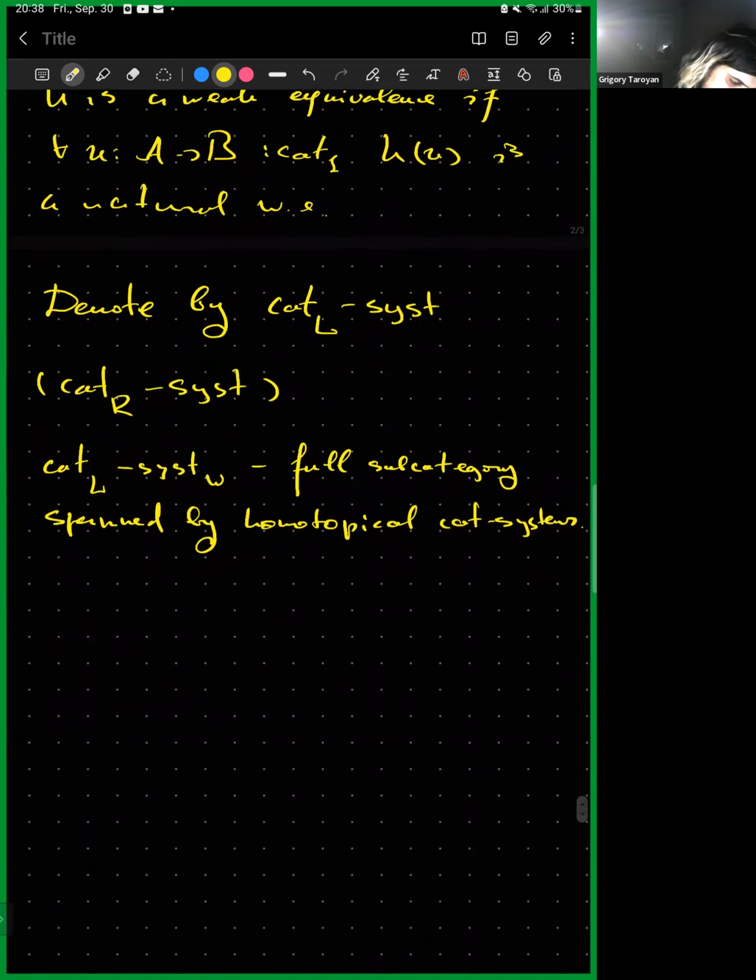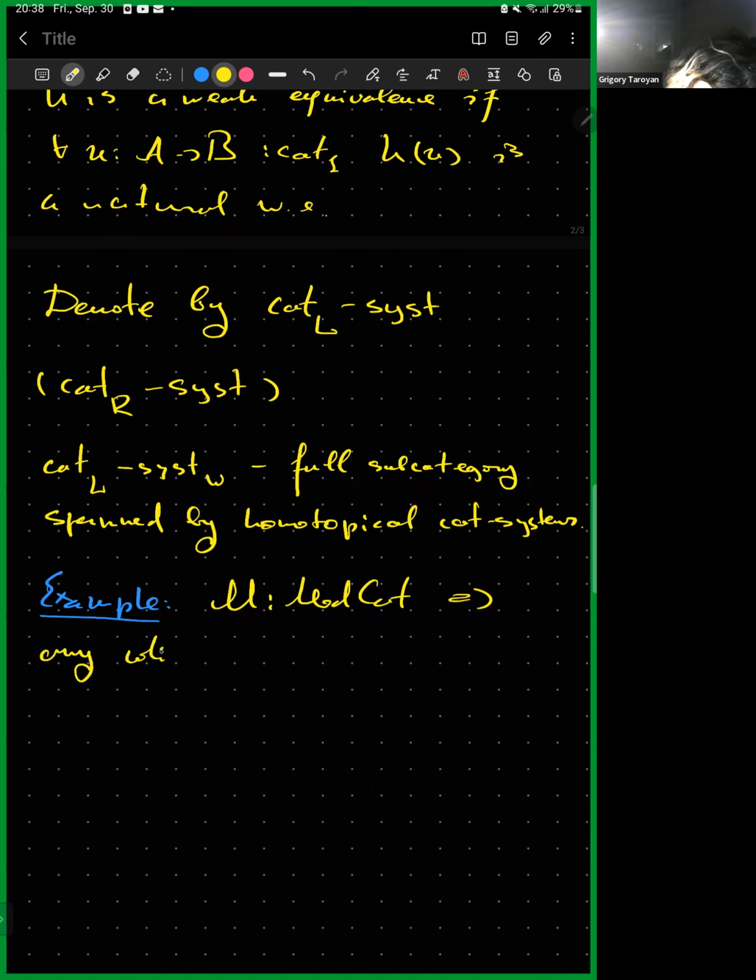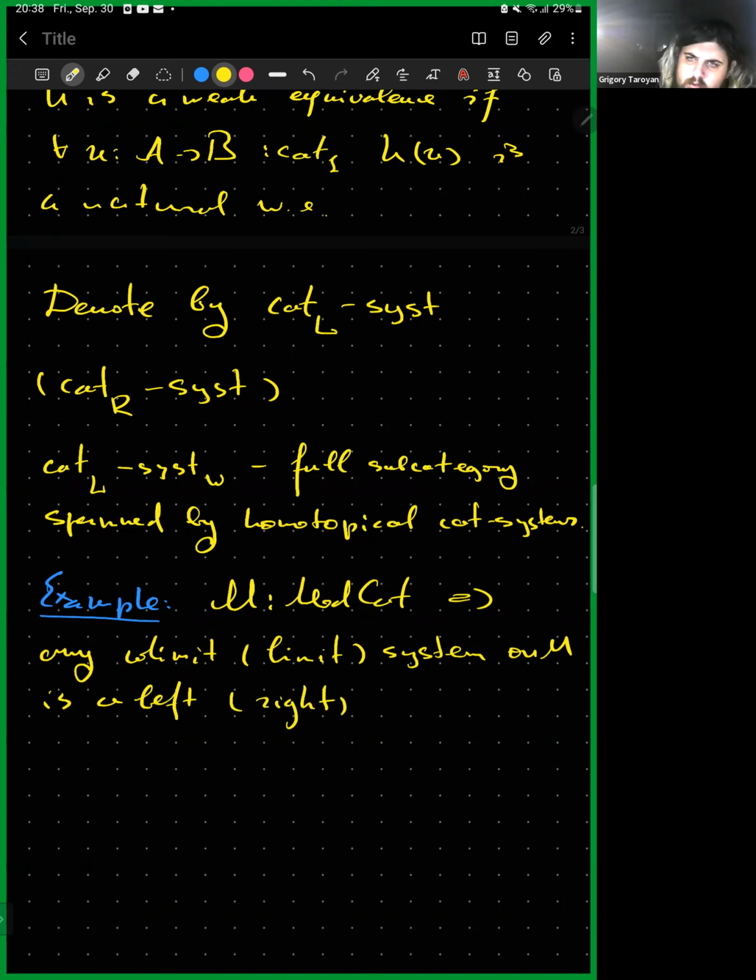So as an example, which we have already seen before, we can consider an arbitrary model category M, and then any colimit or limit system on M is a left, respectively right, cut system.